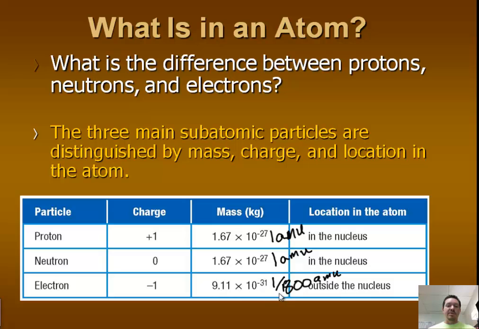So considerably smaller mass. And typically when we calculate the mass number, we ignore the mass of an electron entirely. So we just count the proton and neutron's mass to determine the mass of an atom. And then the electrons are located outside of the nucleus.